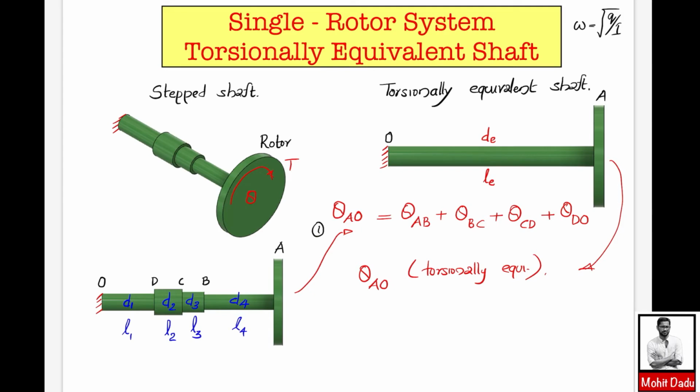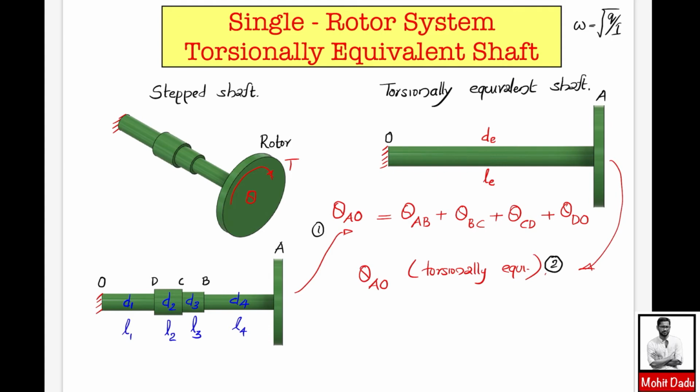If I call the stepped shaft's deformation equation 1 and this one equation 2, then 1 and 2 should be the same. Using this condition, we can find the dimensions, that means either the equivalent diameter DE or the equivalent length of the torsionally equivalent shaft. So that we will be seeing now.